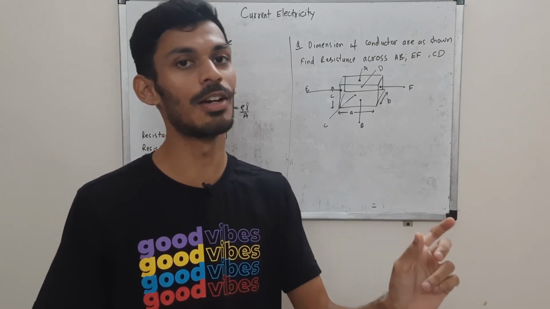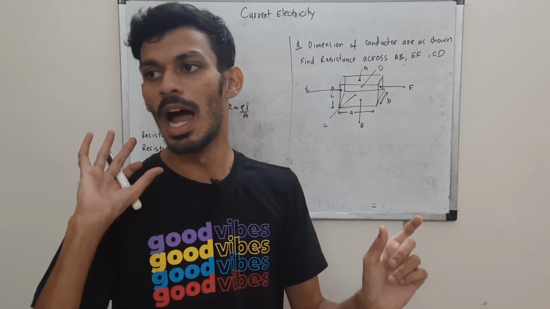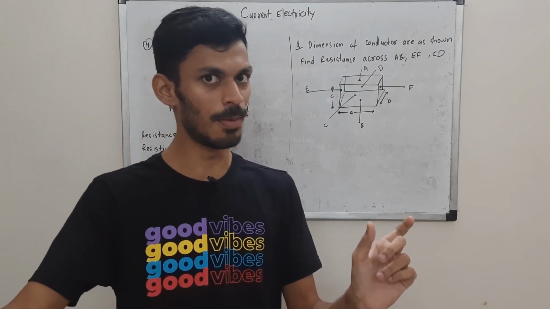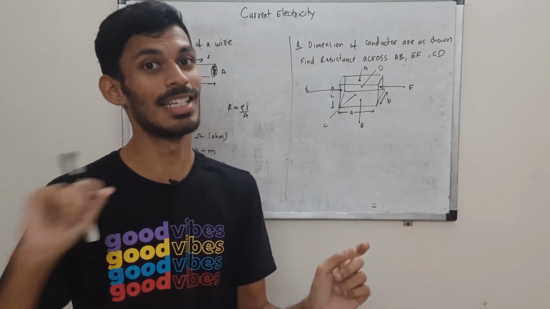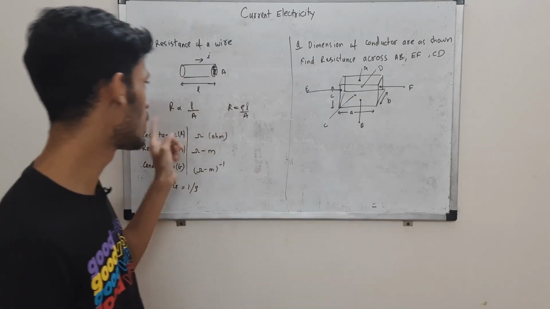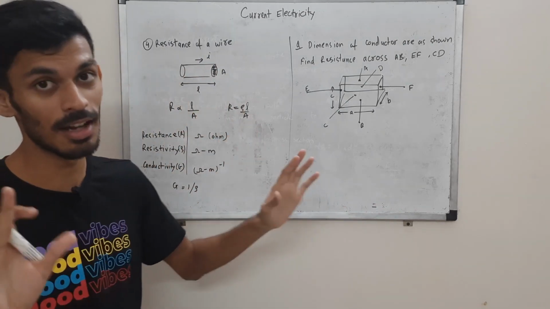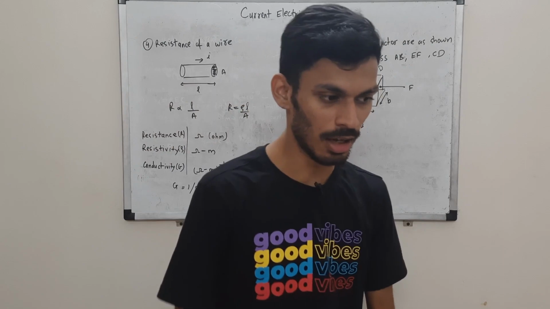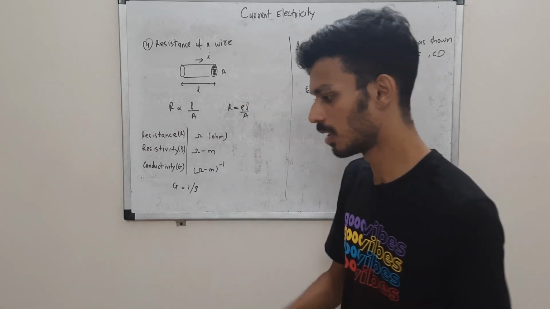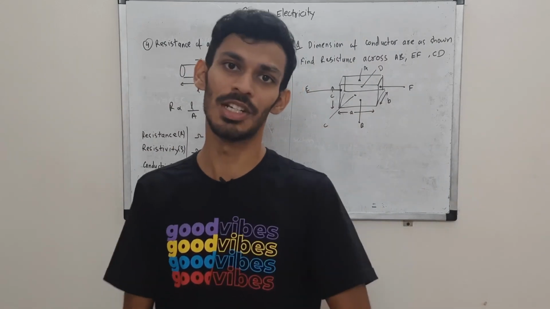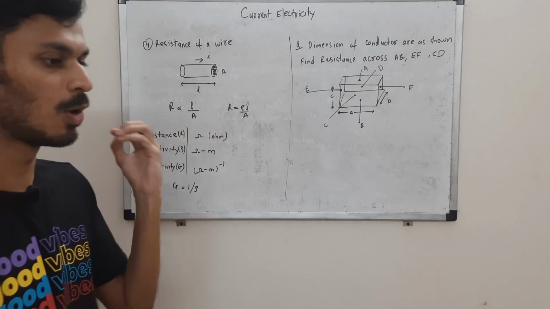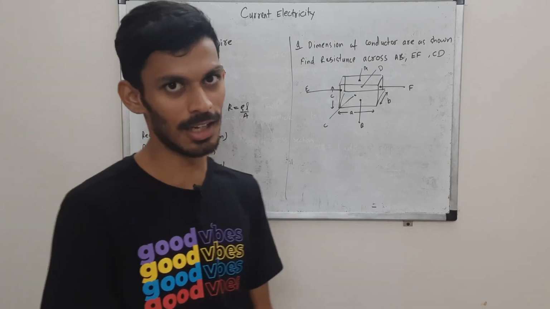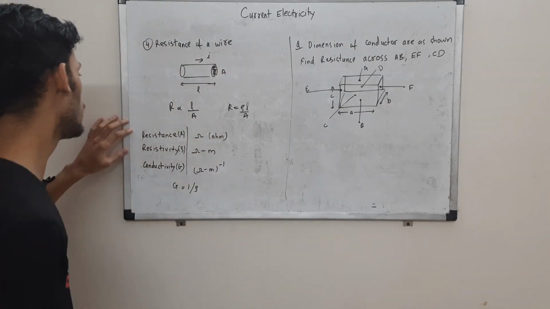However, for 1 centimeter of aluminium and 100 centimeter of aluminium, your resistance will be different, right? Resistance is proportional to length. Resistivity is a constant. It is independent of the size or the dimensions of your material. It is only dependent on the nature of the material. So that is something you should remember.